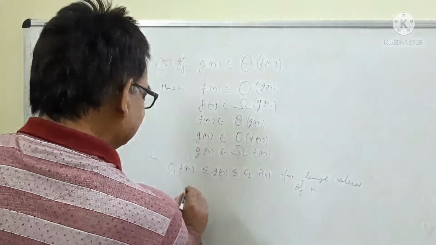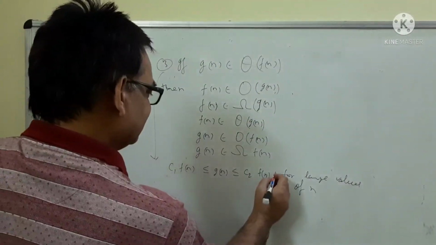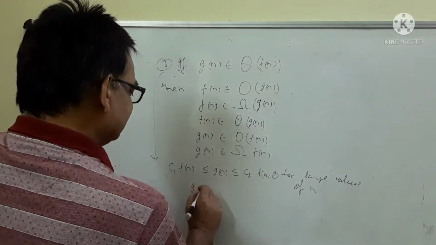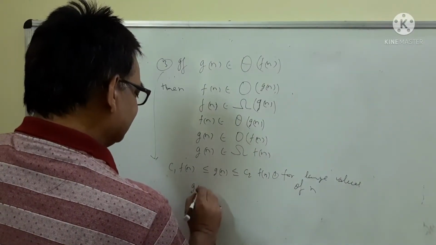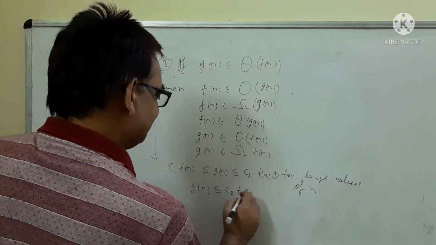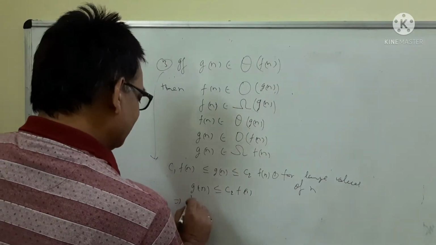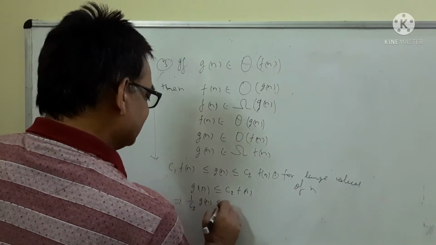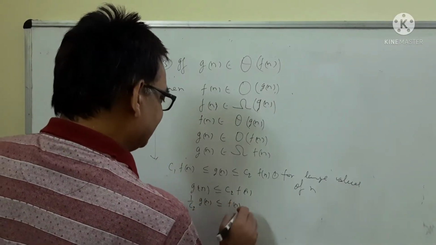Now from this inequality, g(n) less than or equal to c2 f(n) implies 1 by c2 g(n) is less than or equal to f(n).